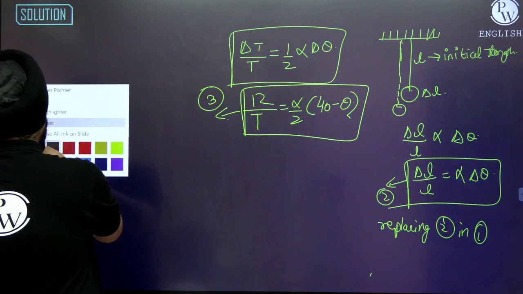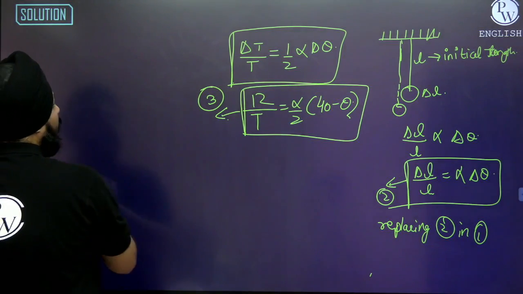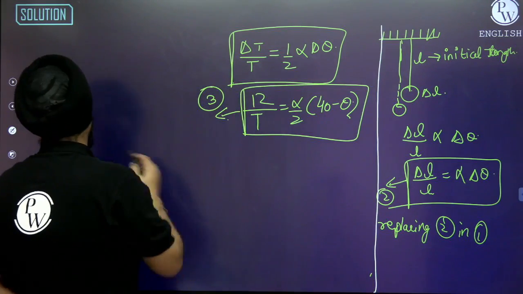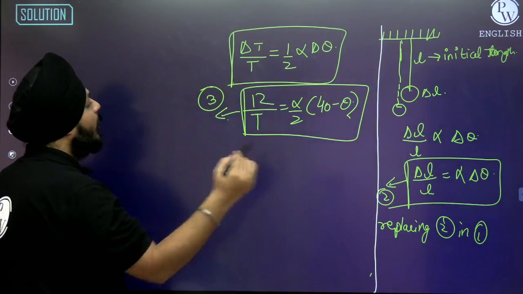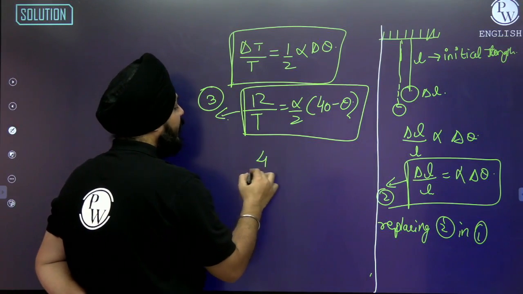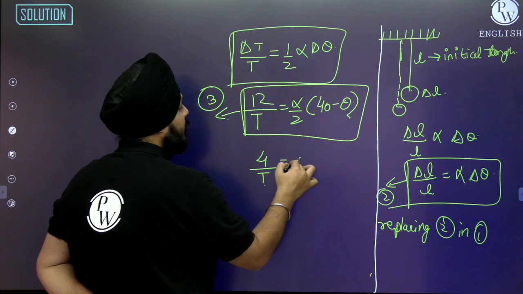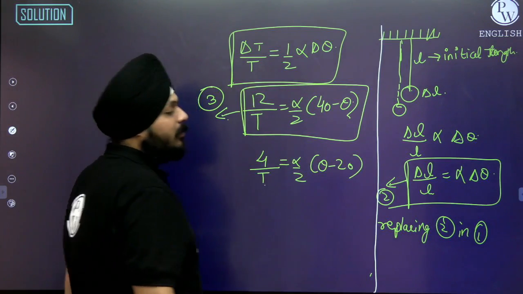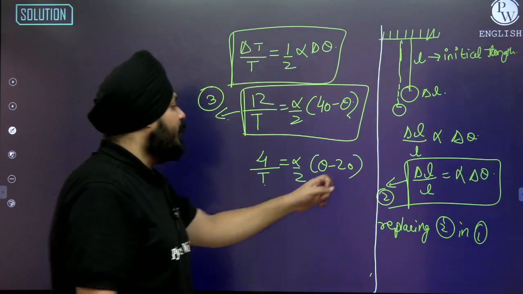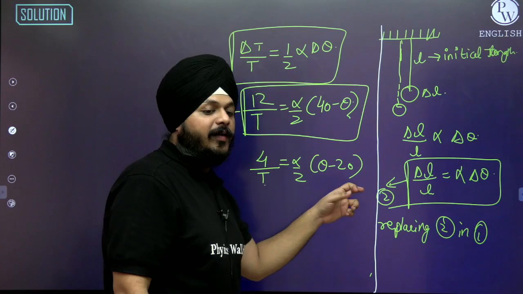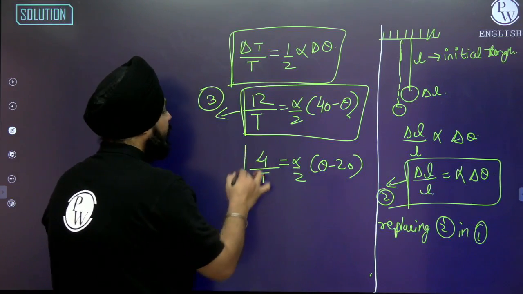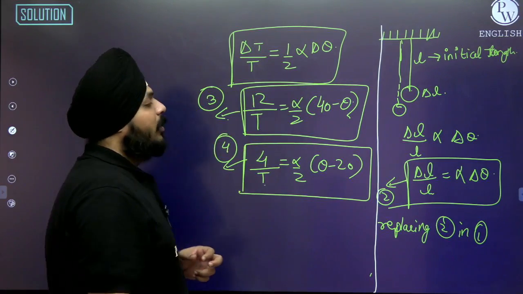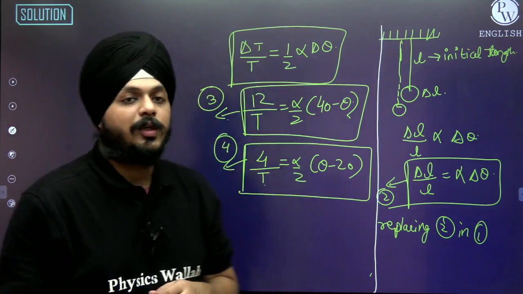What about if we are moving below the room temperature? At the temperature of 20 degrees centigrade, we gain 4 seconds, with theta minus 20. We are gaining 4 seconds. So this will be the fourth equation.